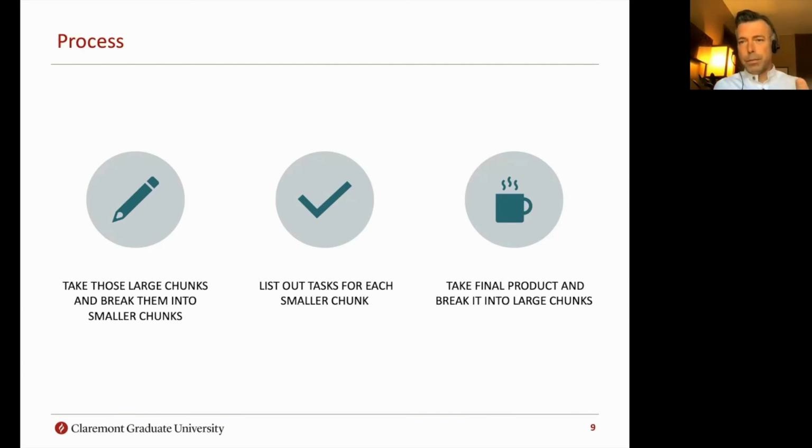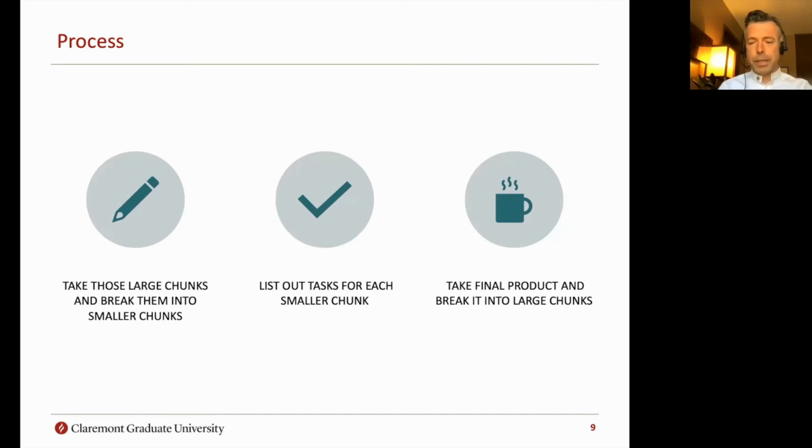Here's a chunk. A major chunk is going to be finding, reviewing, and summarizing the sources. And here's another chunk: organizing them. Then another is a first draft and then a revision, something like that. Different ways of approaching this, but the idea is to start bigger and then to break those down into smaller chunks.